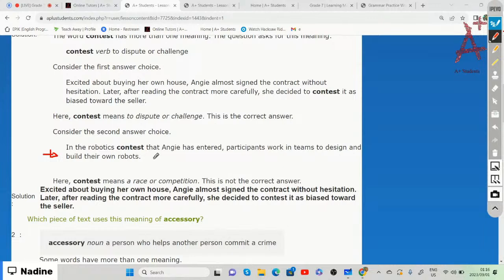It's a race competition. So we have basically both words. The first word, contest, is to dispute or to challenge, and the other one is some form of participation where participants work in teams to design and build their own robot.